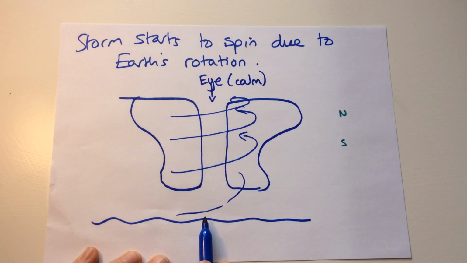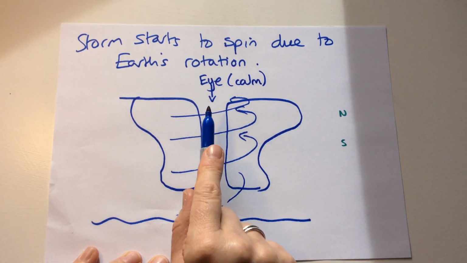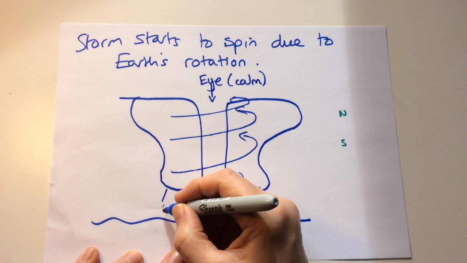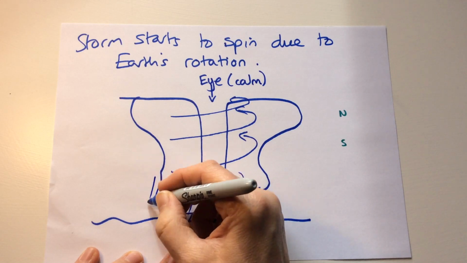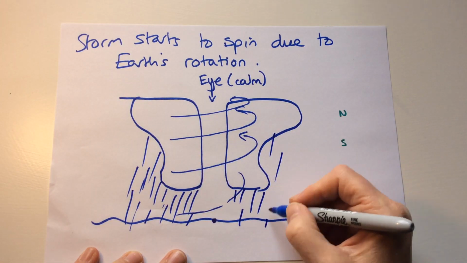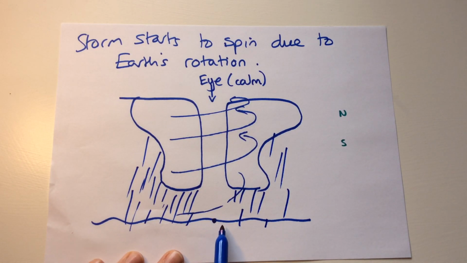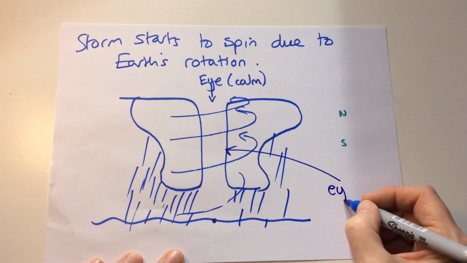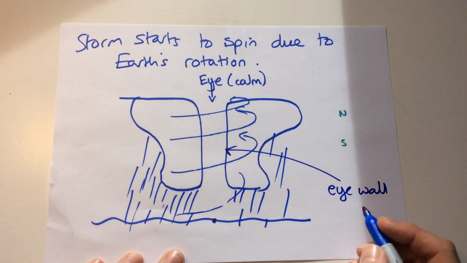There's no cloud in the middle. So if you were here looking up in a well-formed tropical storm, you'd see a circle of blue sky above you. You'd feel very, very heavy rain under the clouds. So there's heavy rain here and heavy rain here. But here, no rain. Now the edge of the storm is called the eye wall, and that's where the strongest winds are.